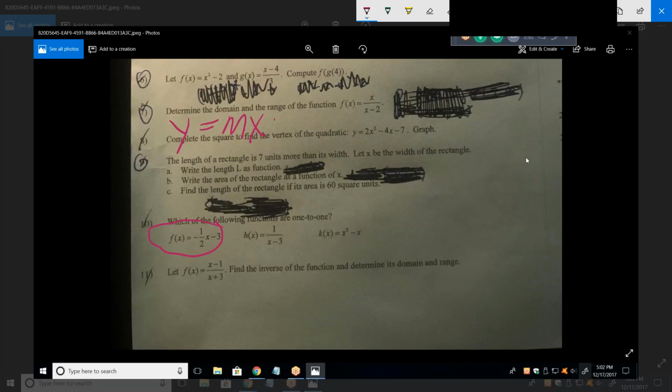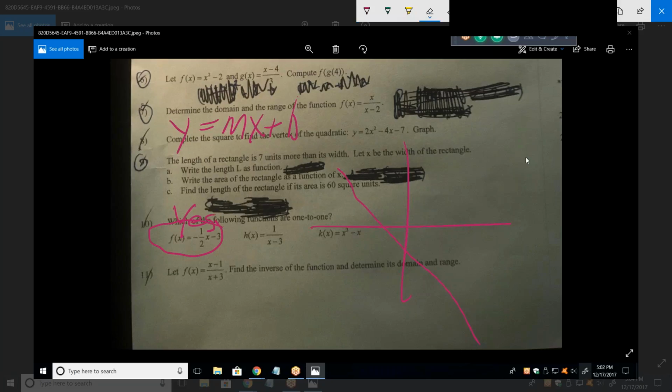That's a straight line. As long as it's not vertical, it's a function. If it's horizontal, it's a function, but it's not one-to-one. But if it has slope like that, then it passes the vertical line test and the horizontal line test, which is what you need to be one-to-one. So yes, for that one.